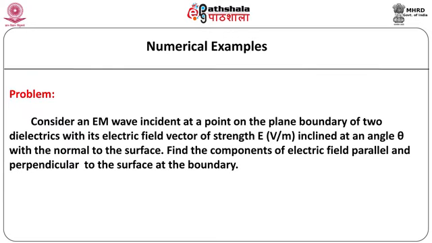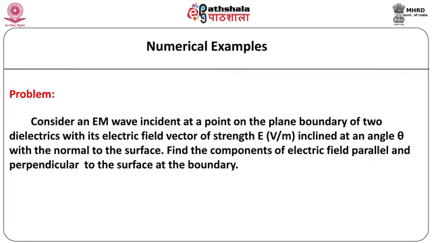Now, let us see a problem wherein the knowledge of computing components of a vector along a specific direction is involved. The problem reads like this. Consider an electromagnetic wave incident at a point on the plane boundary of two dielectrics with its electric field vector of strength E volts per meter inclined at an angle theta with the normal to the surface.